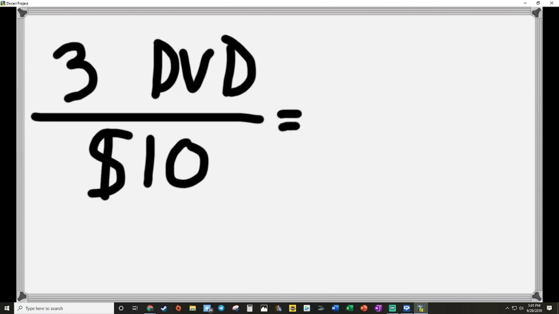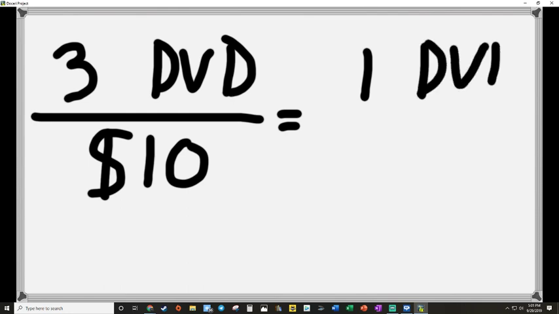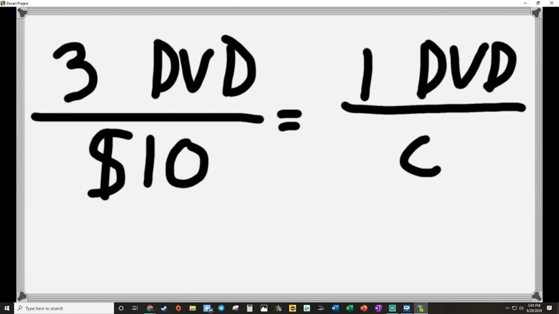We are curious to see how much it costs per DVD, so we're going to do 1 DVD over an unknown cost. We've got the proportion set up. Now we need to cross multiply and then divide to solve for C, our unknown cost.